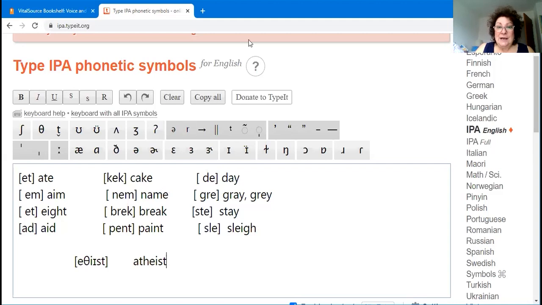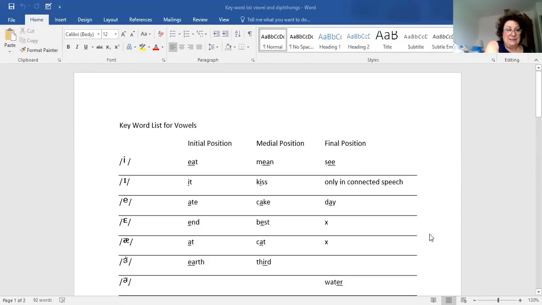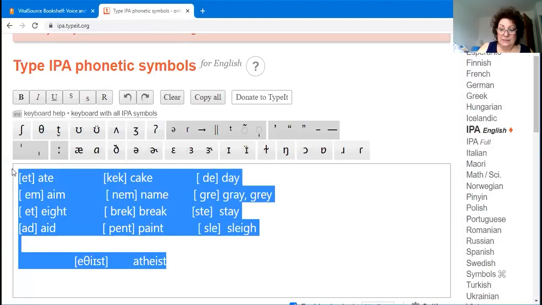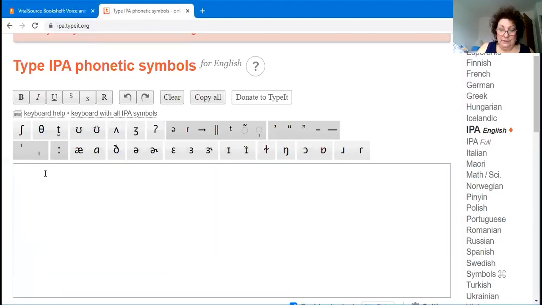Okay, so we're going to stop sharing and go back to your keyword list. Again, the book has these 2 sounds reversed. Sorry. The next one is ɛ as in end and best. So let's go to our typewriter and we're going to type out those words.